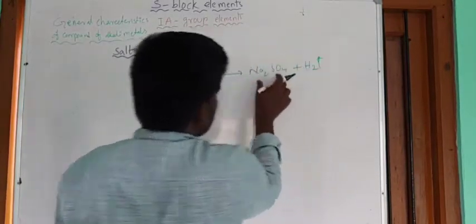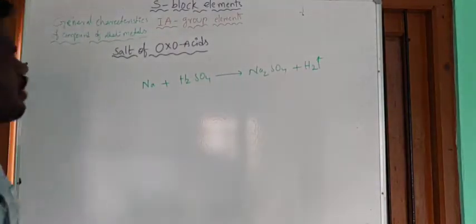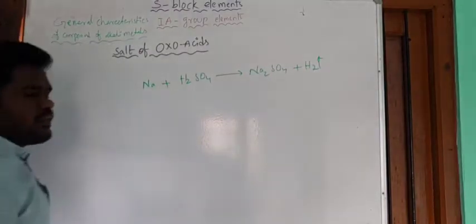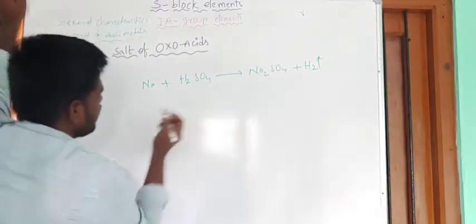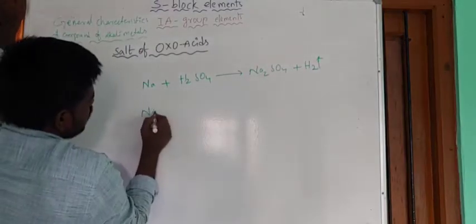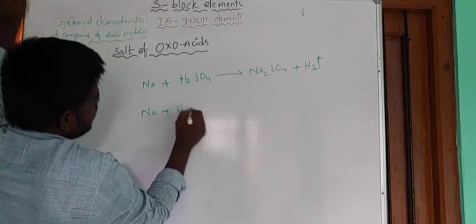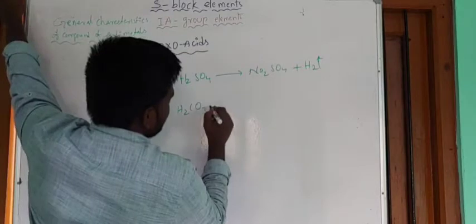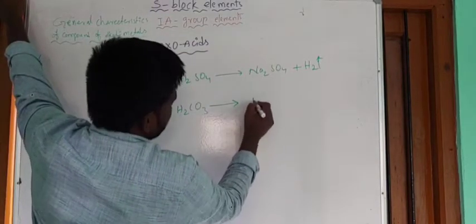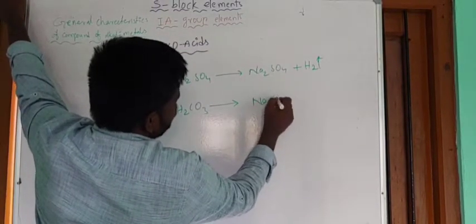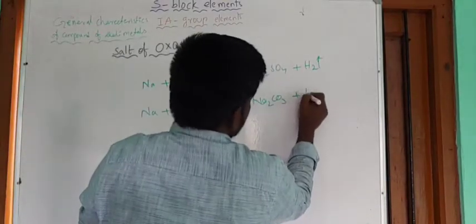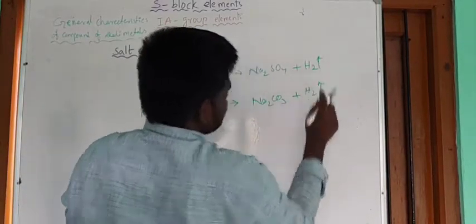So now here, this is the salt of an oxo acid and its name is sodium sulfate. And one more example, when sodium is treated with H2CO3, then we can get Na2CO3. This is sodium carbonate, and here you can get hydrogen gas.